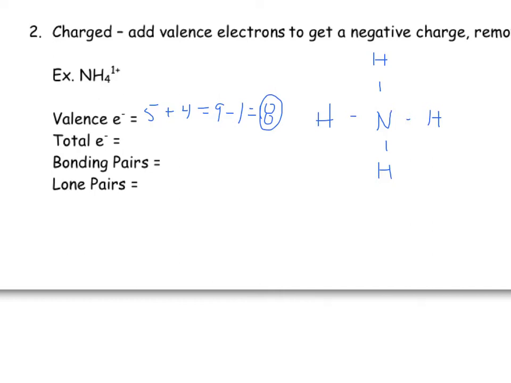Next, determine the total number of electrons. Well, nitrogen needs 8 to be stable, and each hydrogen needs 2. And because there's 4 of them, I need 8. So that gives me a total of 16. To calculate bonding pairs, I subtract those two numbers and then divide by 2 to give me 4 bonds.